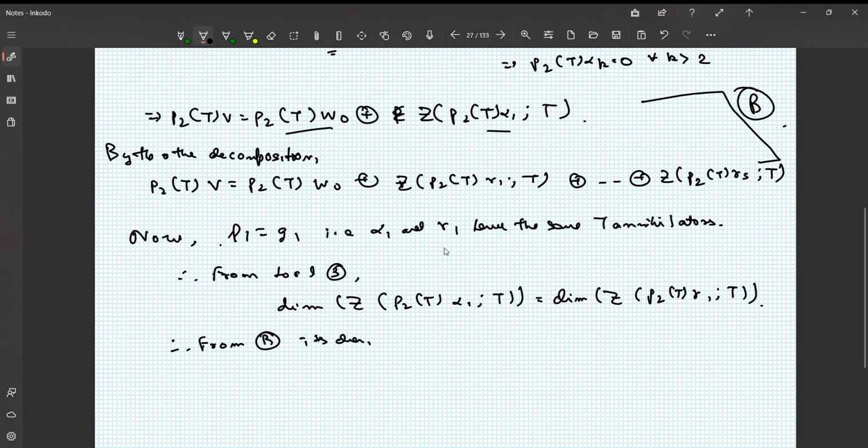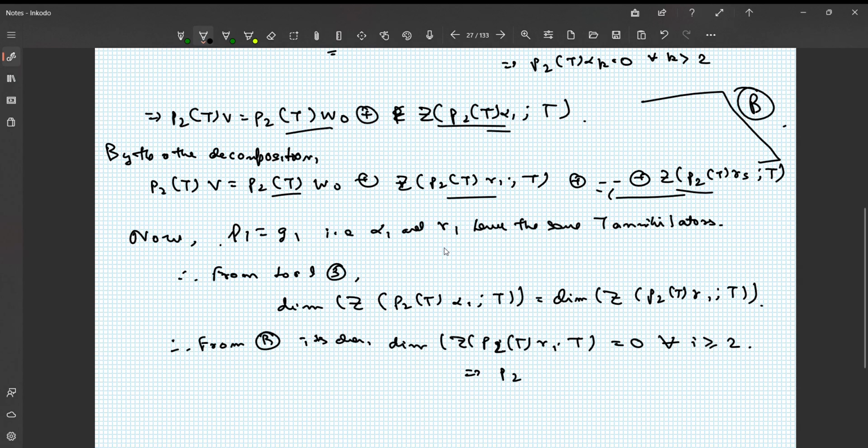Therefore, from B, it's clear that the dimensions of all the other subspaces are equal to 0, because the dimension of this plus the dimension of this equals the dimension of this, being a direct sum, and the dimensions of these two are already the same. So all the other dimensions should equal 0. Therefore, from B, the dimension of the T-cyclic subspace generated by P2(T) gamma i should be equal to 0 for all i greater than or equal to 2, right?